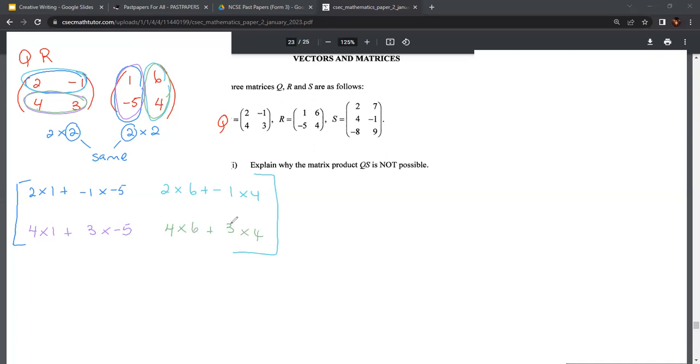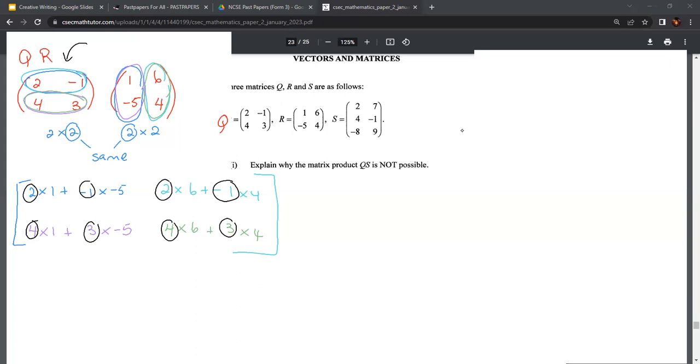Now this is where we have our check, right? We have a little checkpoint because once we do it accurately, the digits in front of your multiplication sign are going to be a repeat of your first matrix. So it'll be 2, -1, 2, -1, 4, 3, 2, -1, 4, 3.